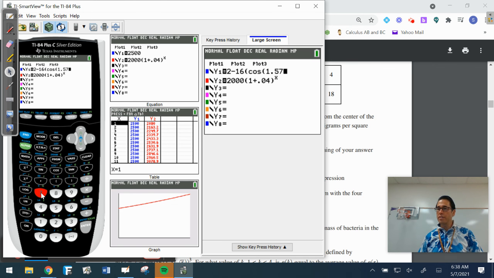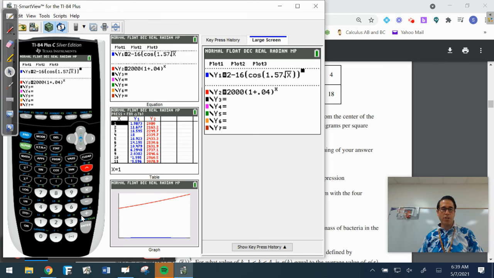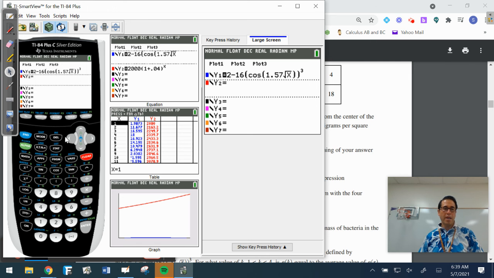We have to be really careful with parentheses here. We've got to close it after the cosine, and then we're going to raise it to the 3rd power.